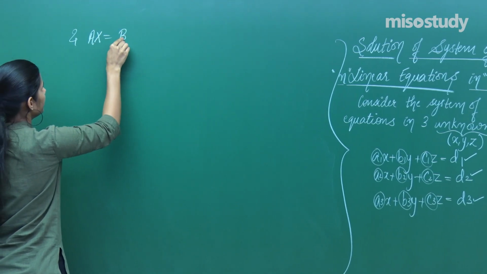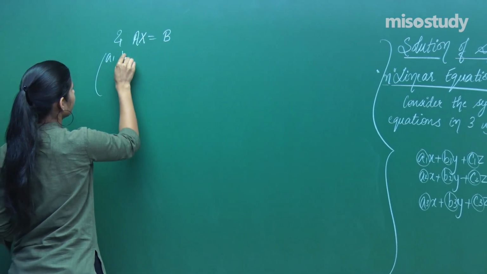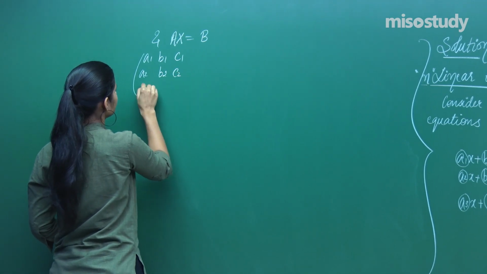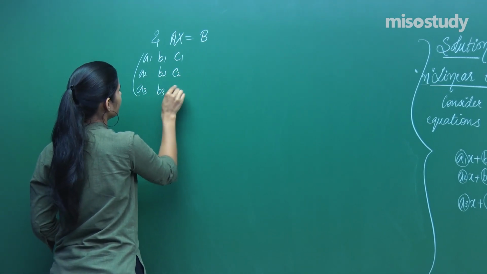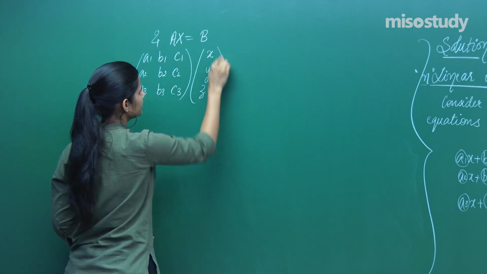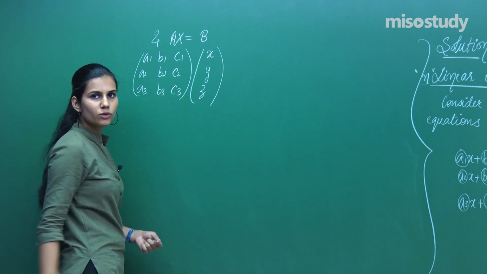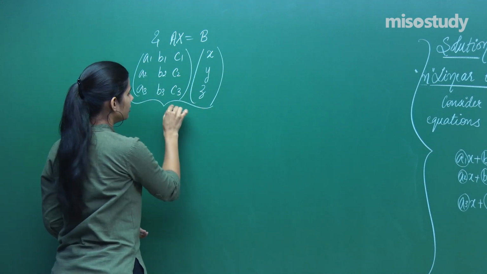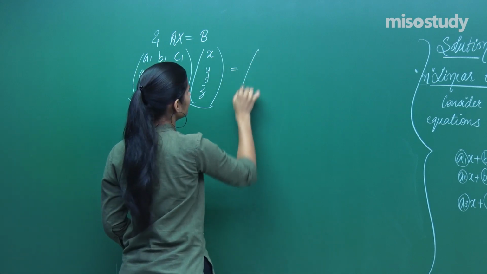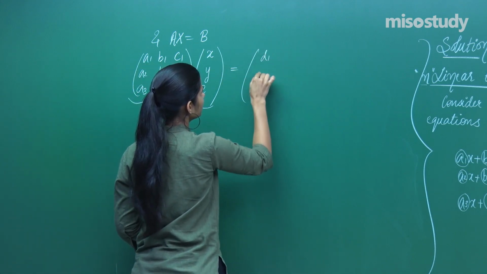AX equals B, that means A1, B1, C1, A2, B2, C2, A3, B3, C3, times X, Y, Z. You know that this multiplication is going to produce a 3 cross 1 ordered matrix, and B itself is also of order 3 cross 1.